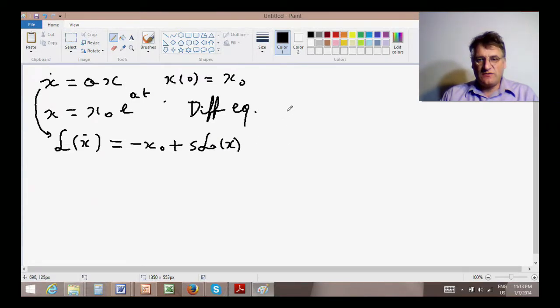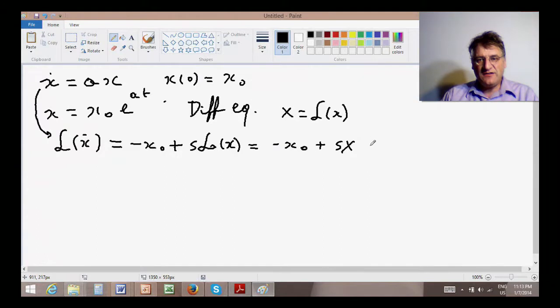In order to get simpler, we probably should write X equals the Laplace transform of x. Otherwise, this thing will never end. So we can rewrite this as the Laplace transform of x dot is minus x0 plus s times X.